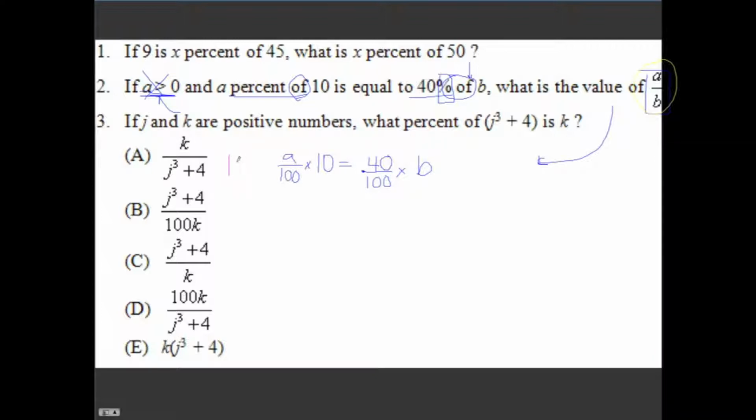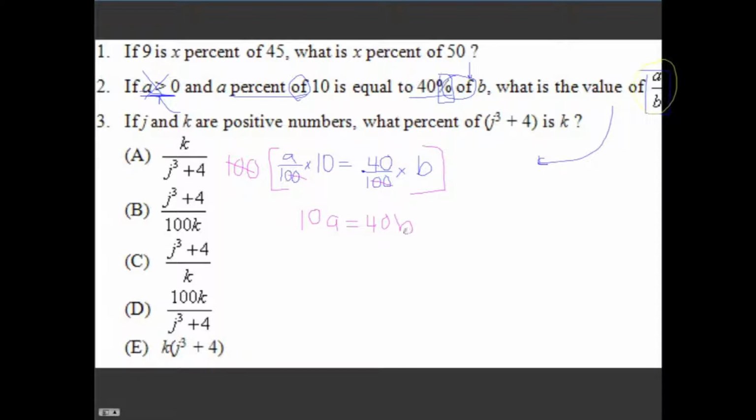So what I'm going to do first is multiply everything by 100, both sides. Remember, if you have equals, you have to multiply both sides by 100. So hundreds will cancel out on both sides, and we'll get A times 10, right? Because the hundreds canceled out, so I'm just going to write that as 10A equals 40B.